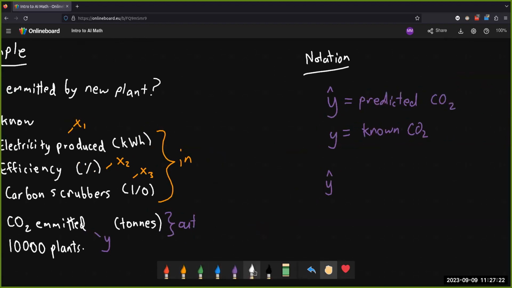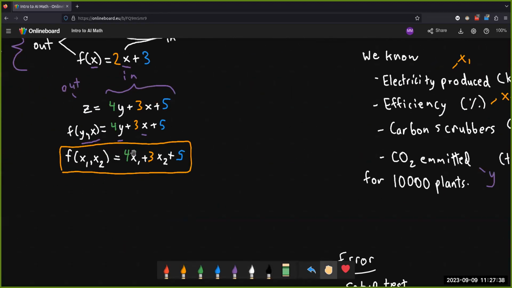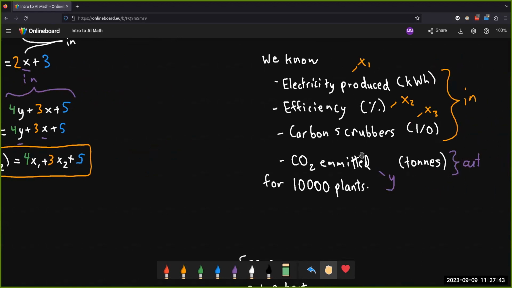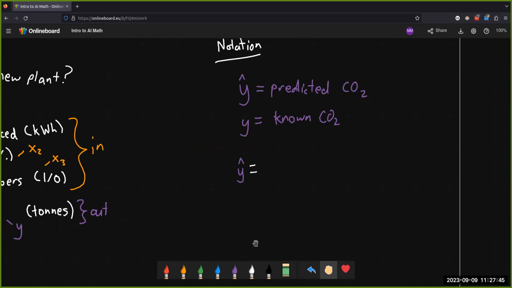So I want to create an equation that uses these inputs somehow to generate this output. I don't want it to be a very complicated equation, so I'm going to base it off of these equations over here, except I have 3 inputs, not just 1 or 2. So let me write 3 things: x1, x2, x3. I'm going to multiply them by various numbers, just like those equations on the left.